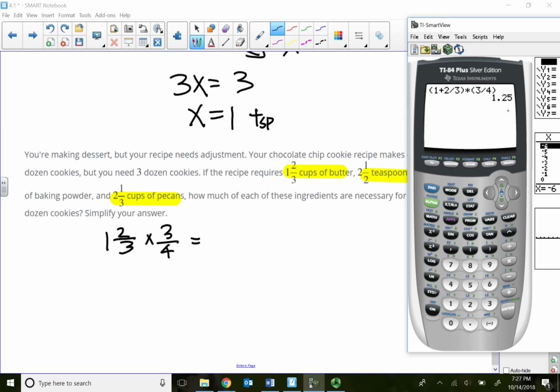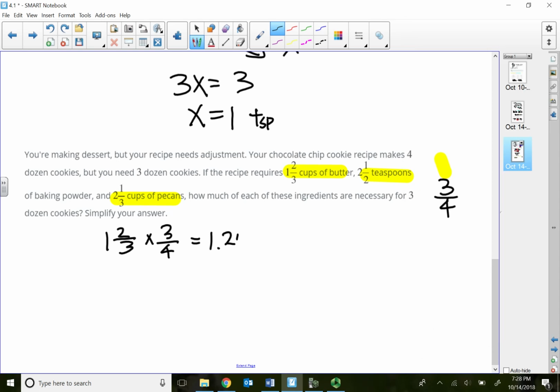So that will be 1.25, which is 1 1/4 cups of butter.